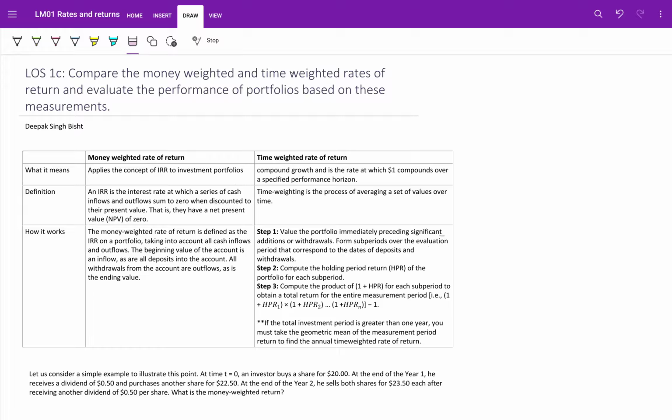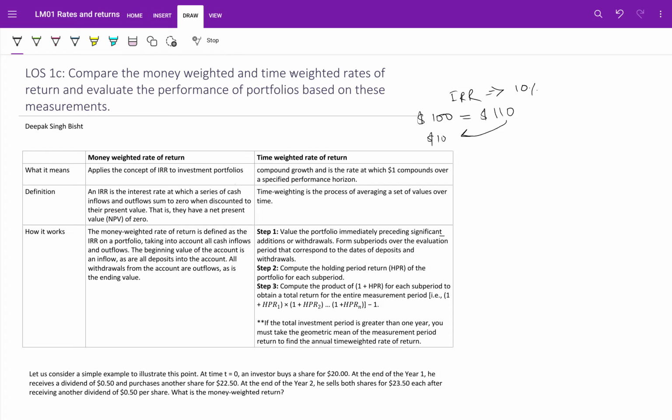In simple words, let's assume that you have invested 100 rupees and after 1 year you receive 110 rupees or $110. If the internal rate of return is 10%, this means if I discount this 110 to the initial time, time zero, it is going to be 100.